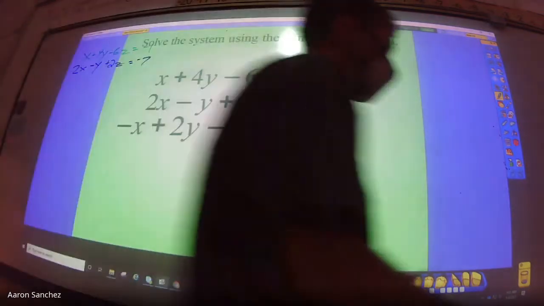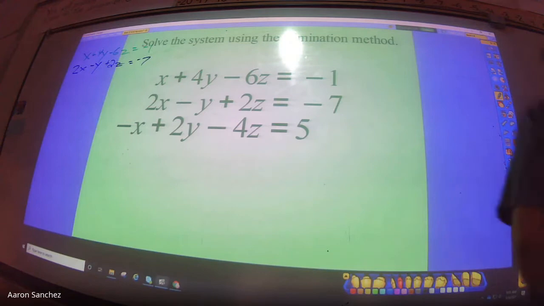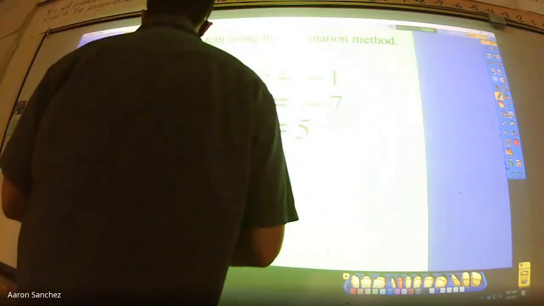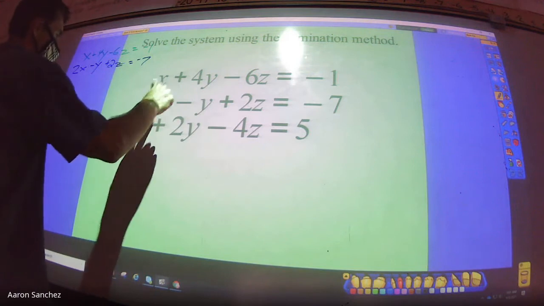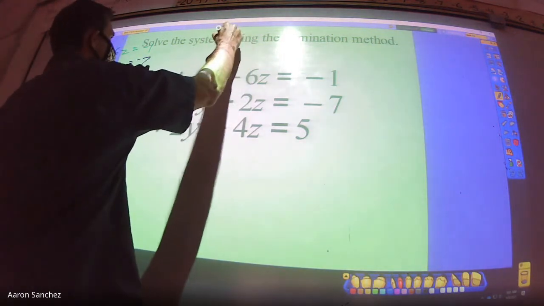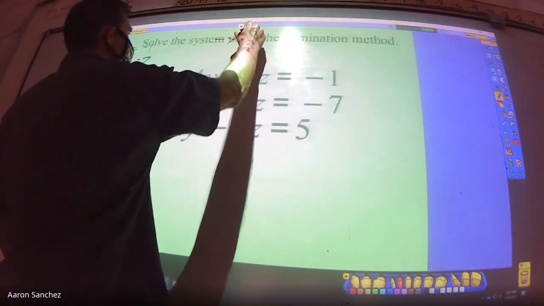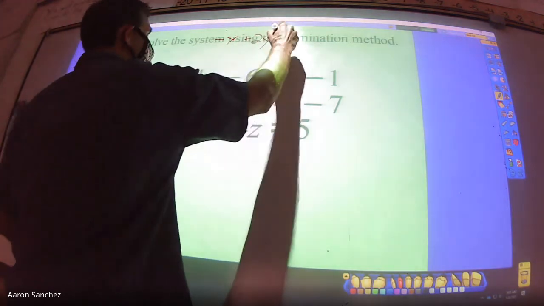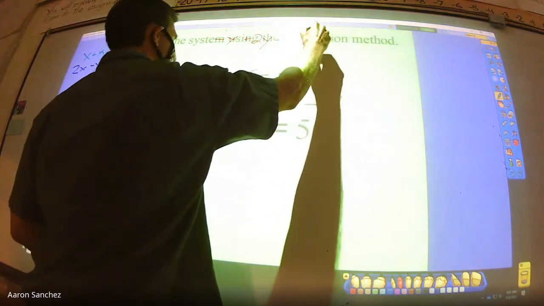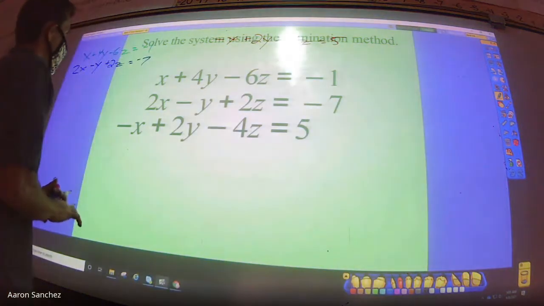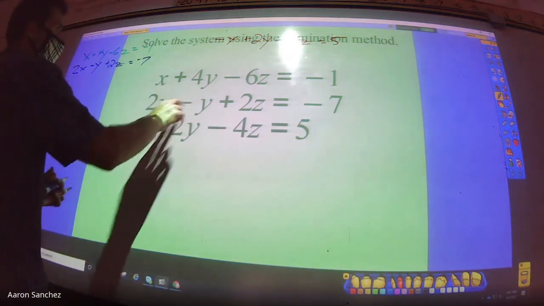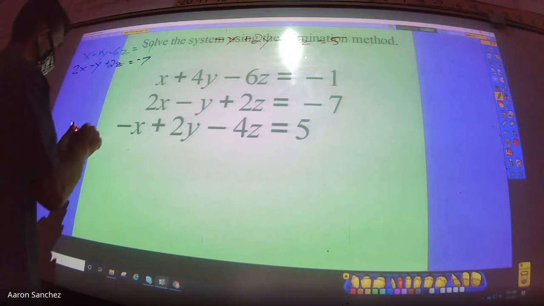So let's see, I did this one. Now do this one minus that one, right? Negative x, I'll clear this up, plus 2y minus 4z equals 5. And then since I'm doing it by y, I'm going to put this here, that's blue.